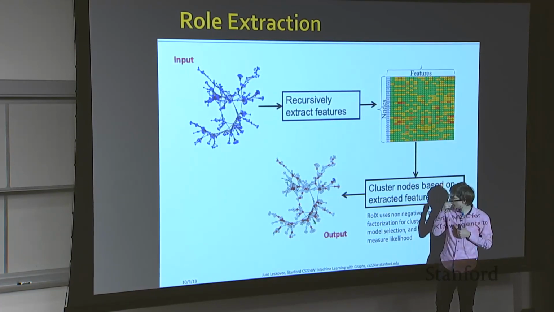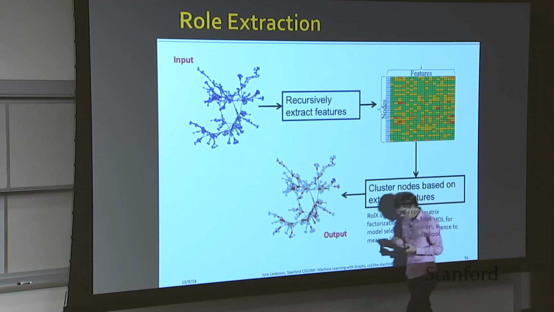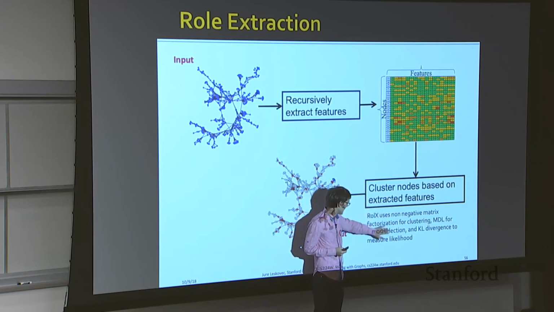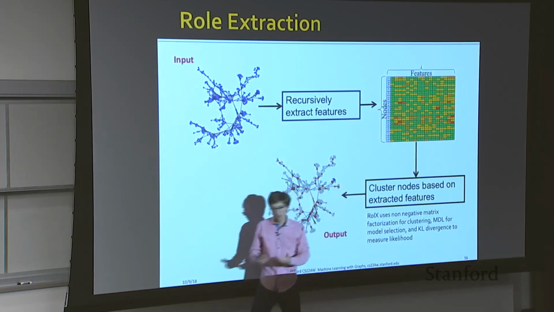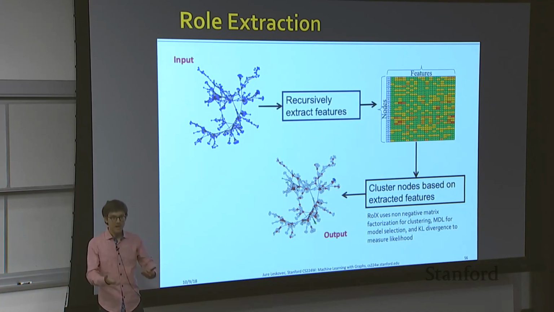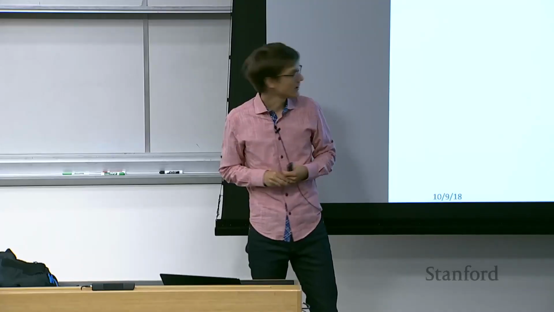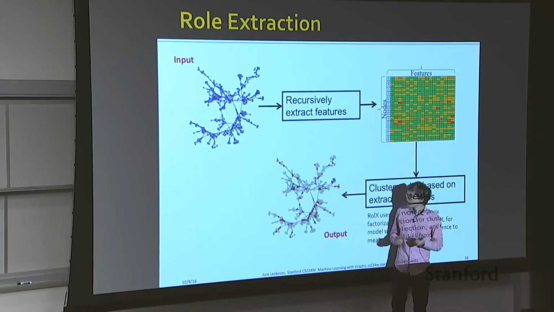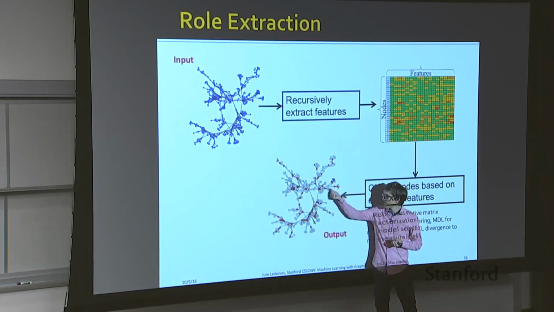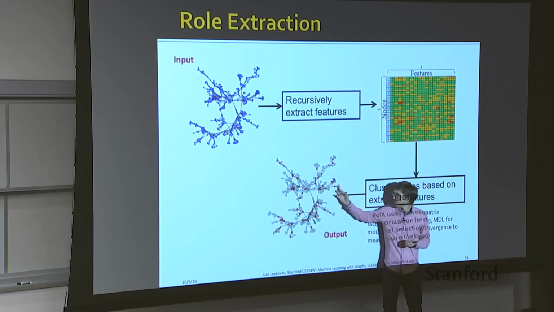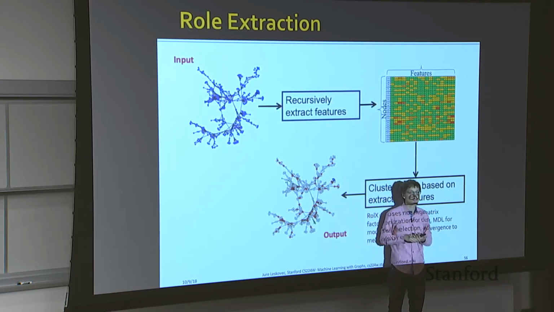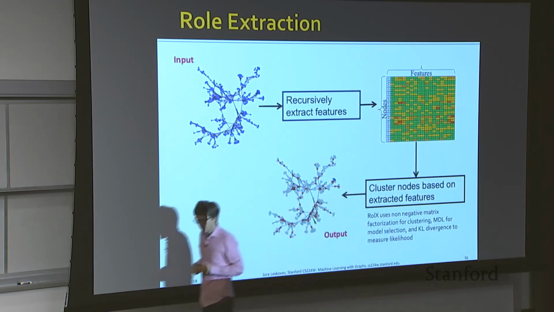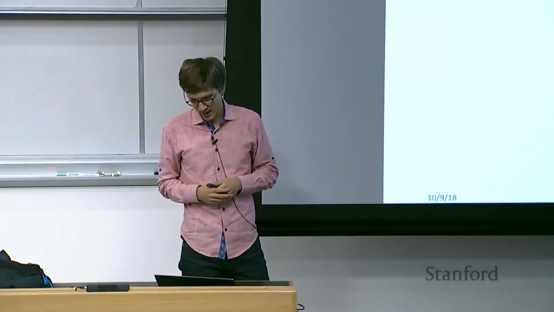You could apply k-means, or some more advanced clustering technique. In this paper, they decided to use non-negative matrix factorization, which is a method we'll talk about later in the class. Based on these clusters and cluster memberships, you assign each node to the role which is the cluster they belong to. And that allows you to identify these types of structural roles in networks.